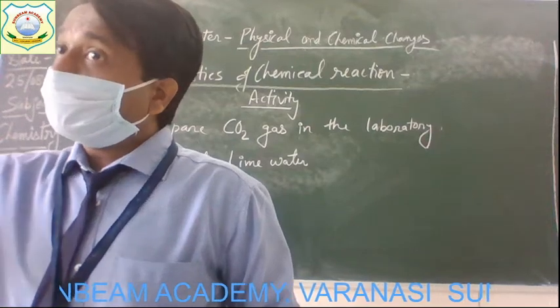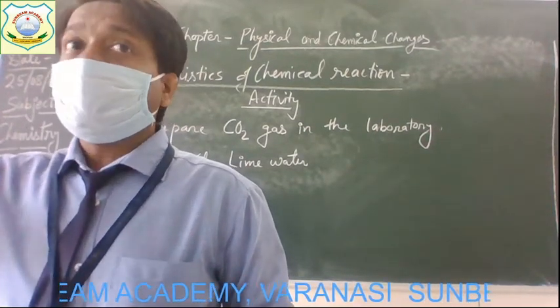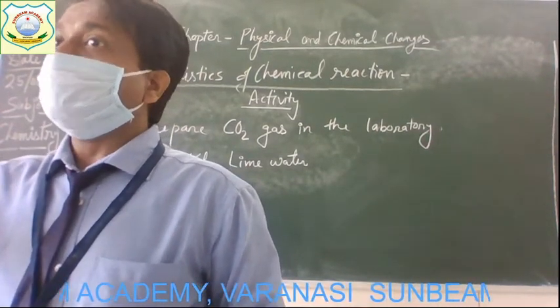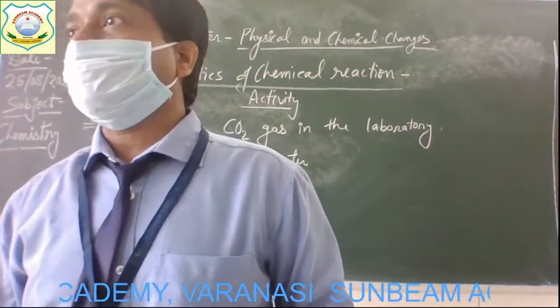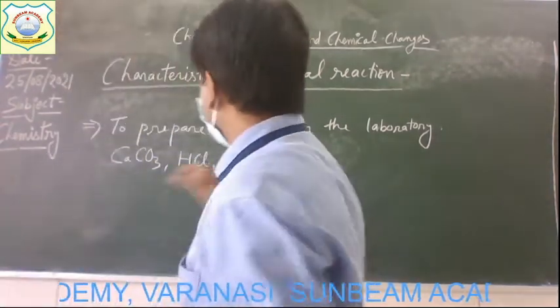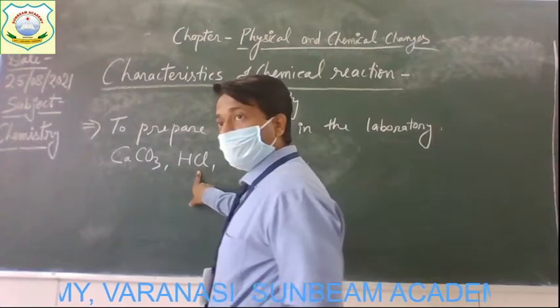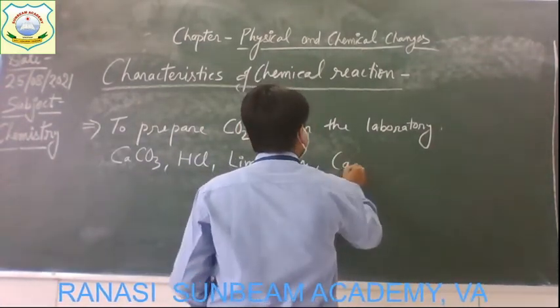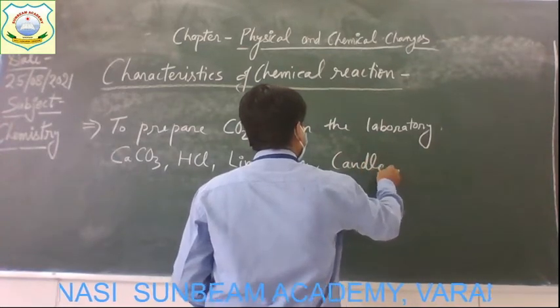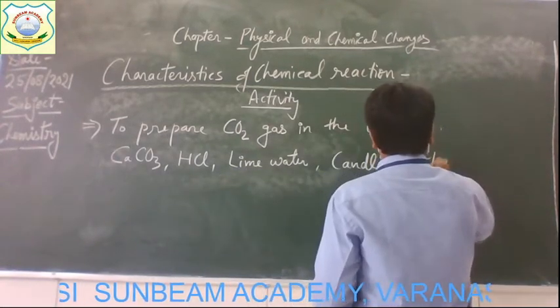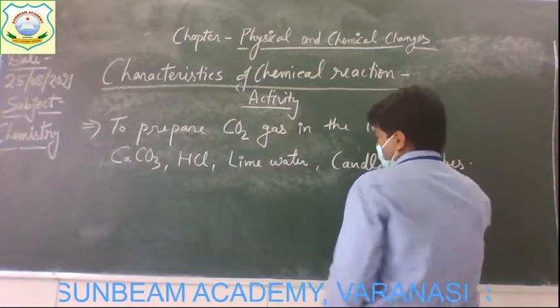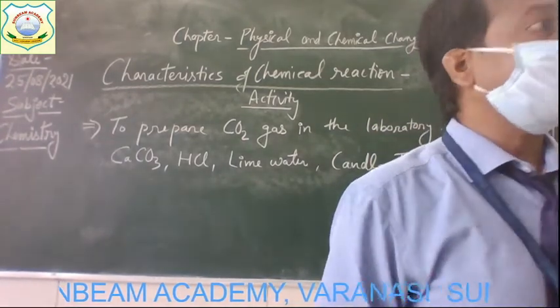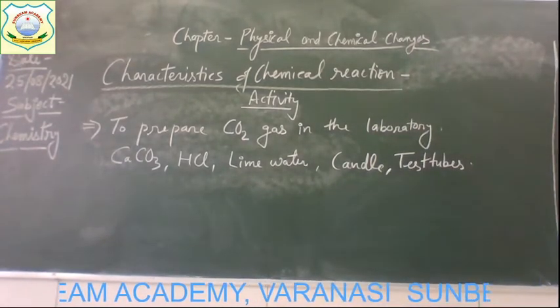Just take out only the liquid portion from the test tube, and that is the lime water. So we require lime water, hydrochloric acid, calcium carbonate, a candle, and test tubes. These are the materials that we require for our activity.